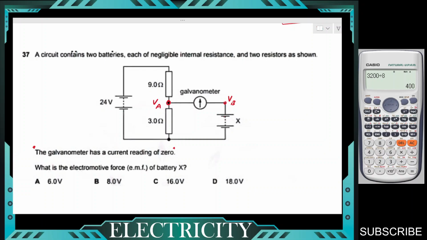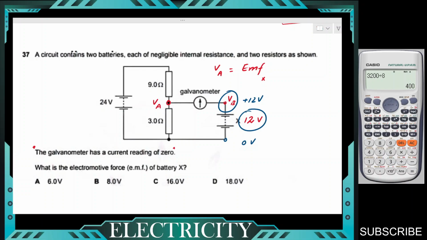So in other words, the potential at A should equal the EMF of the battery X. Because what is the potential at B? That would equal the EMF of the battery. Let's say the battery is 12 volts, then you'll be getting plus 12 over here, and 0 over here. So you'll be able to say that potential at B equals the EMF of the battery.